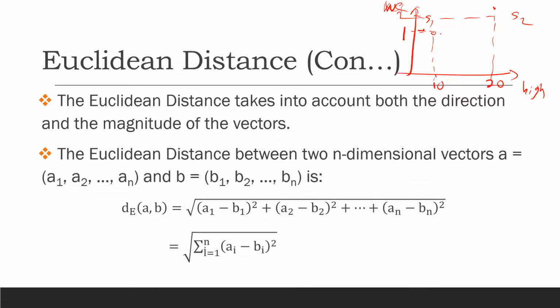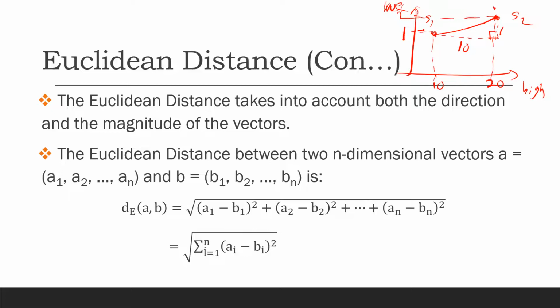If it is a Euclidean distance, this direct line, the distance between these two points, is called the Euclidean distance. How do we calculate it? You need to find this distance and this distance. This is a 90-degree angle. What is the distance here? 20 minus 10, 10. What is the distance here? 2 minus 1, 1.